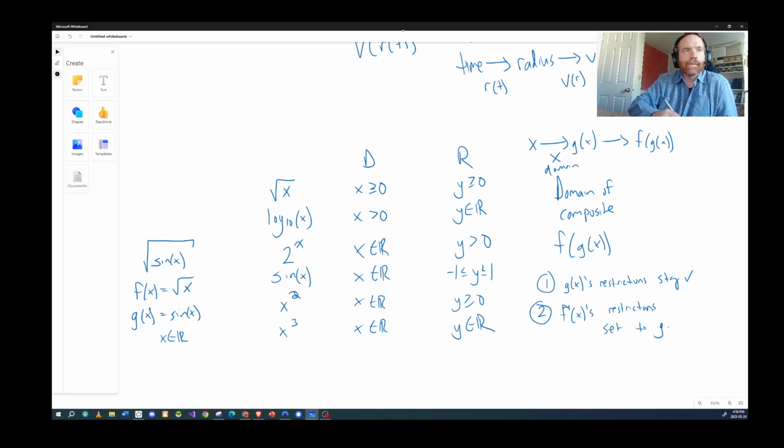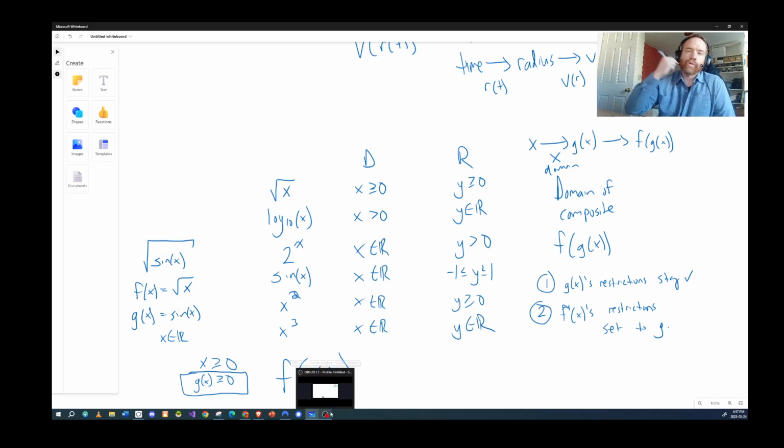Normally for f, you would say x greater than or equal to 0. So here's the trick. You don't say x greater than or equal to 0. You say g of x greater than or equal to 0. That's the key, because g of x is the variable inside f. So if f has restrictions, those restrictions need to be observed by g, not by x.